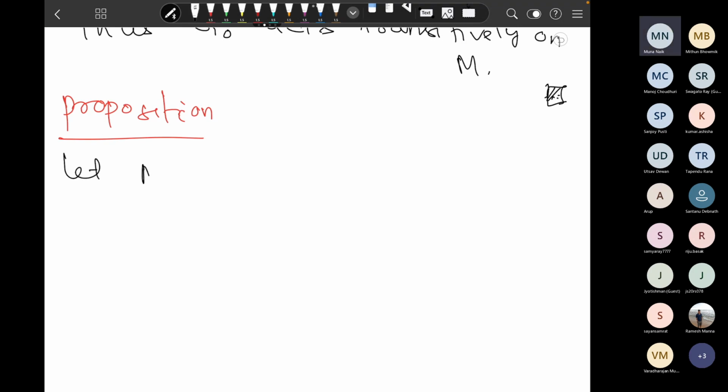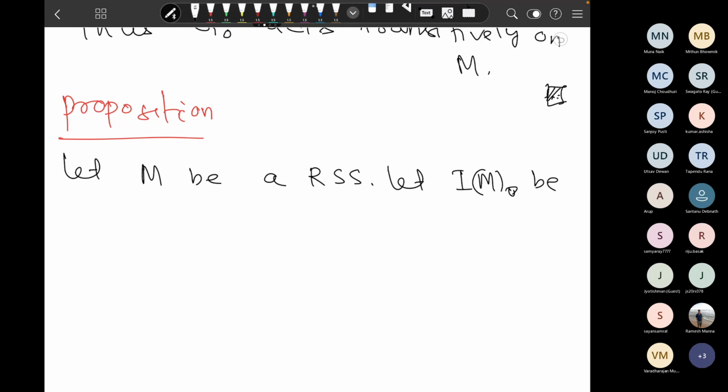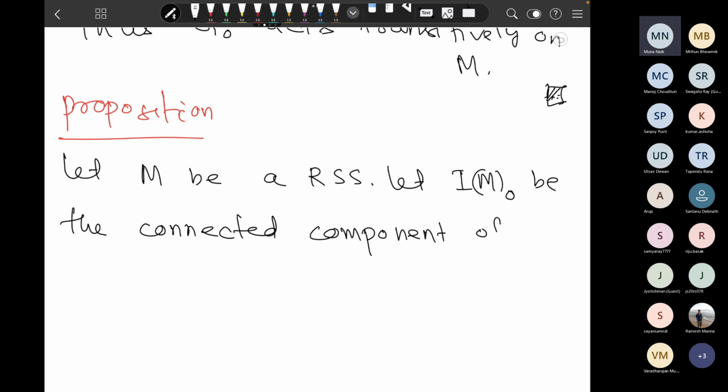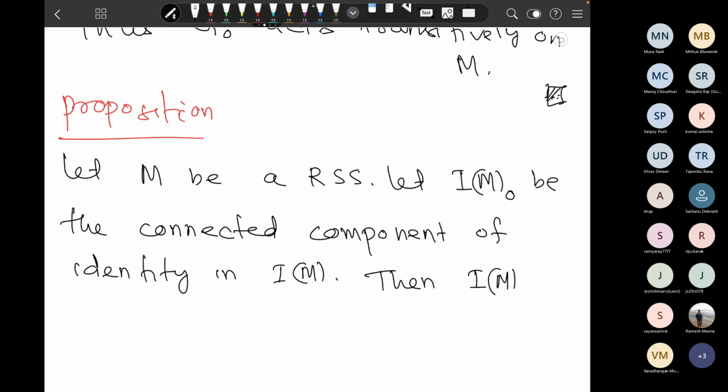So let M be a Riemannian symmetric space. Let I_0(M) be the connected component of the identity in I(M). Then I_0(M) acts transitively on it.